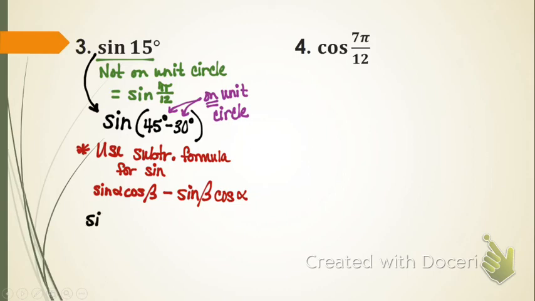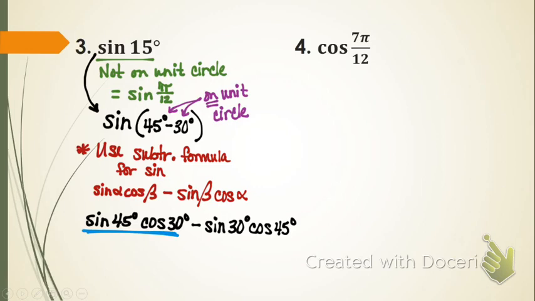So I'm going to do sine of 45 degrees cosine of 30 degrees minus sine of 30 degrees cosine of 45 degrees. Do you see how in this first expression I have both of the angles? And in the second expression, I have both of the angles, but they're with the opposite trig function. Are you guys noticing both of those?